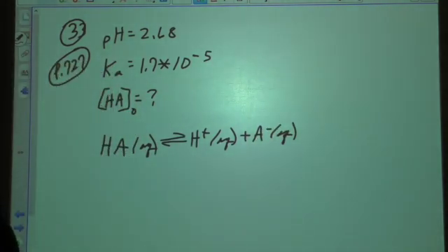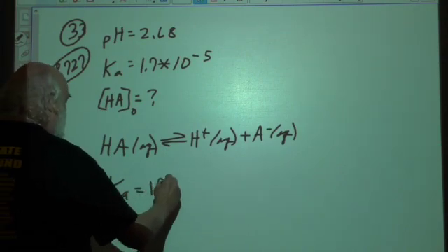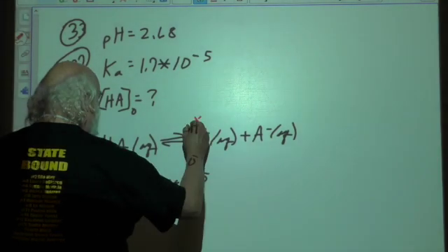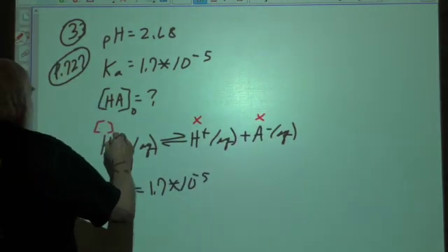Okay? So, Ka for this is 1.7 times 10 to the negative fifth. And then x, and then concentration minus x.